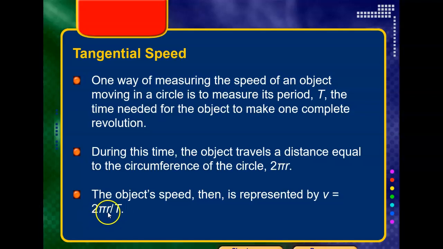So you can see here, the bigger the radius, the faster you go. However, the bigger the period, the slower you go because you don't get around the circle as fast.